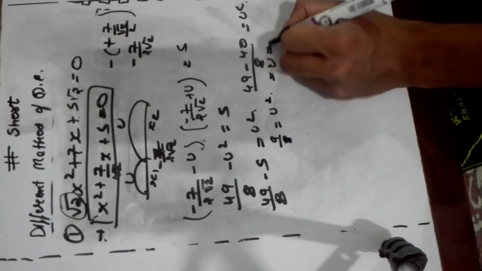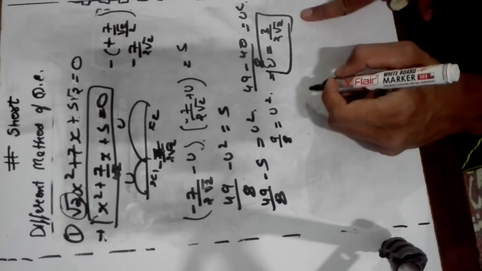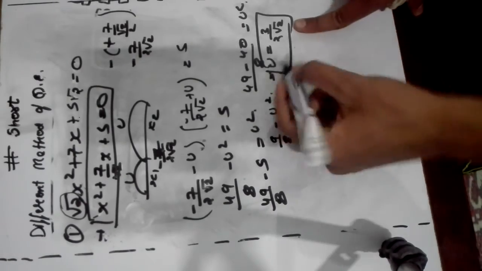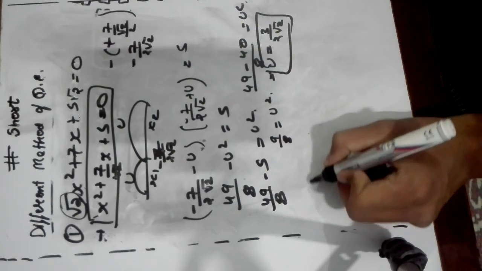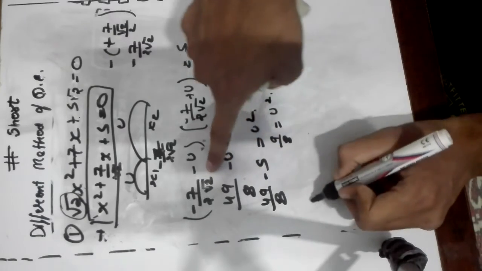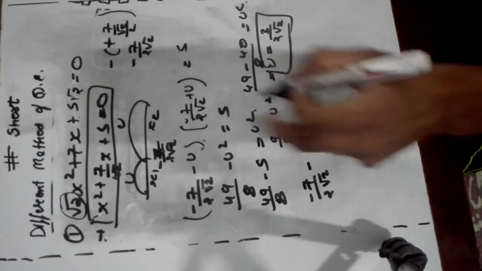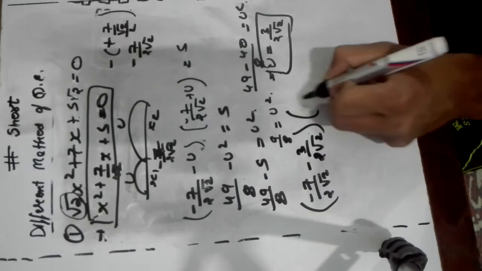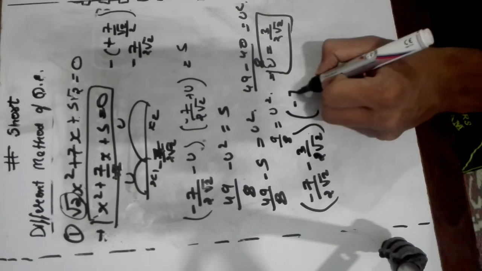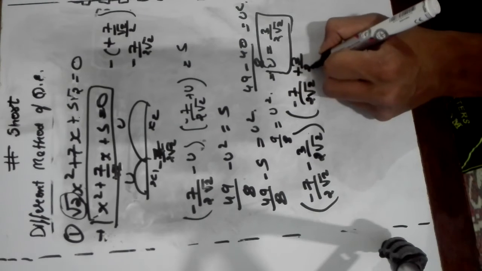We get u equals to 3 by 2 root 2, and we just have to do subtraction and addition with this number. So we have minus 7 by 2 root 2 minus 3 by 2 root 2 and minus 7 by 2 root 2 plus 3 by 2 root 2.